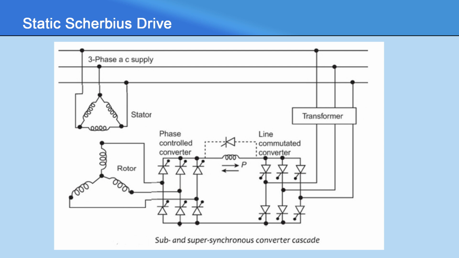For supersynchronous motor control, bridge 1 is made to work as line commutated inverter with firing angle more than 90 degree and bridge 2 as a rectifier with firing angle less than 90 degree. The power flow is now from supply to transformer, then bridge 2, then bridge 1 and back to the rotor circuit.